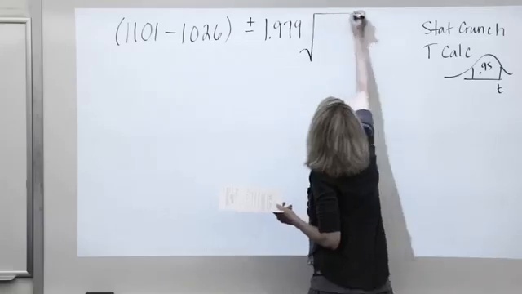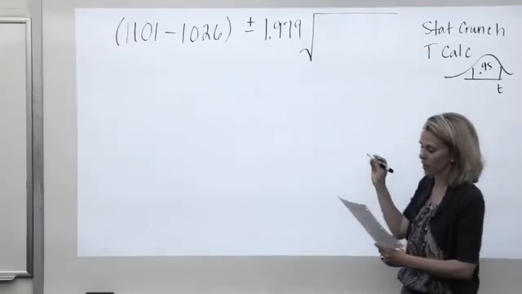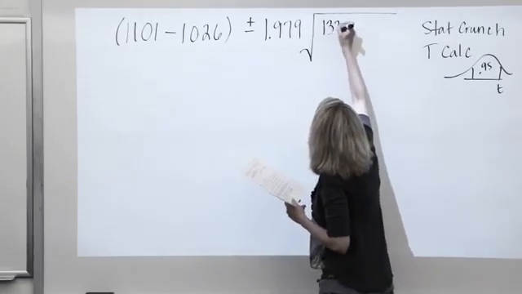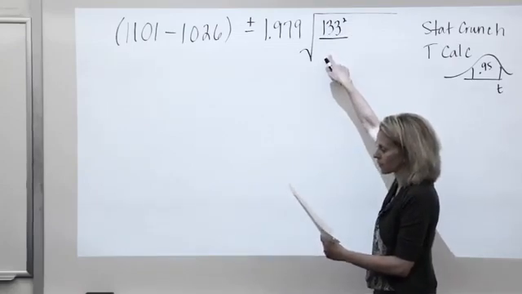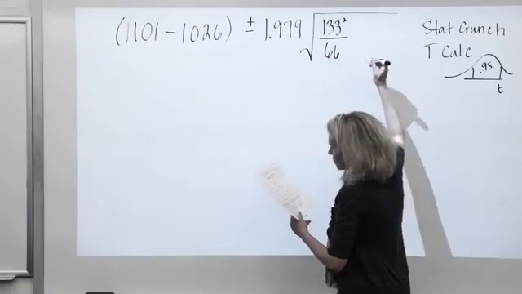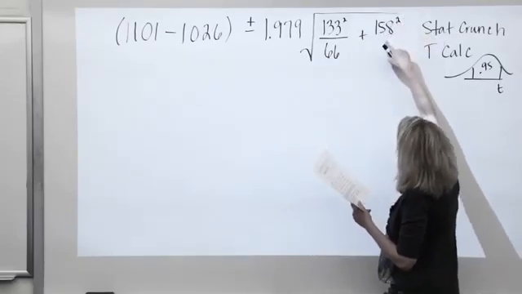And then we'll have the square root piece that contains the standard deviations and our sample sizes. So from our first sample, we'll take 133 as the standard deviation, squared. The first sample, our graduates, we sampled 66 students. And then in the second sample, the sample standard deviation was 158.